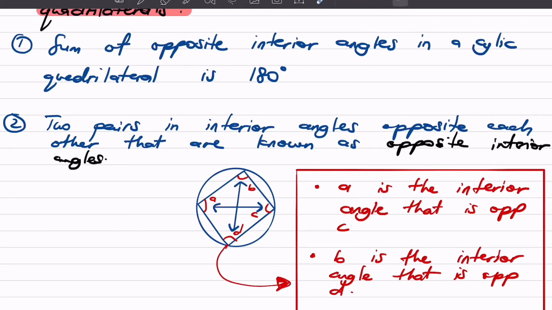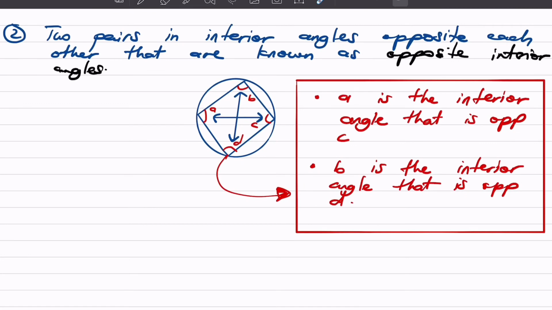A is the interior angle that is opposite C, and B is the interior angle that is opposite D. So at the same time, A plus C is equal to 180, isn't it? Then B plus D is equal to 180.